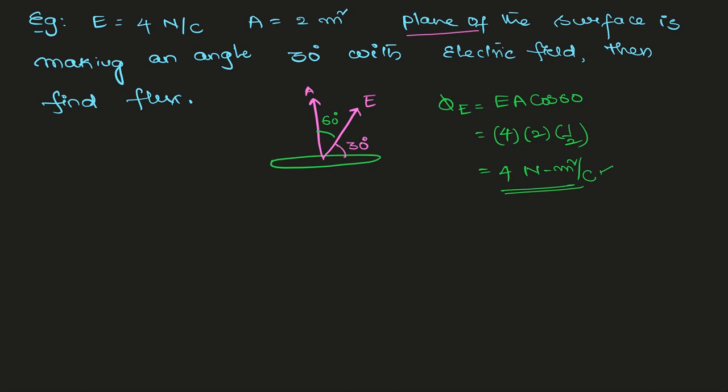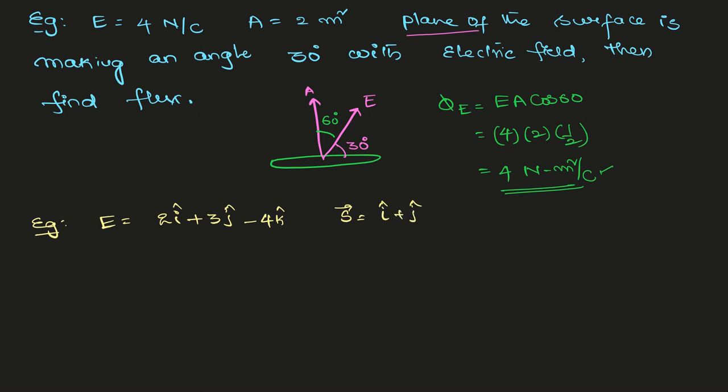And the second example will be like this. The electric field in a region is given as 2 i cap plus 3 j cap minus 4 k cap, and the area vector is given as i cap plus j cap.